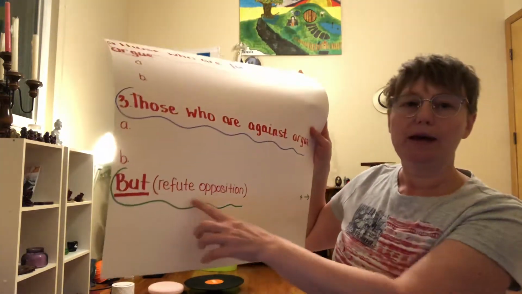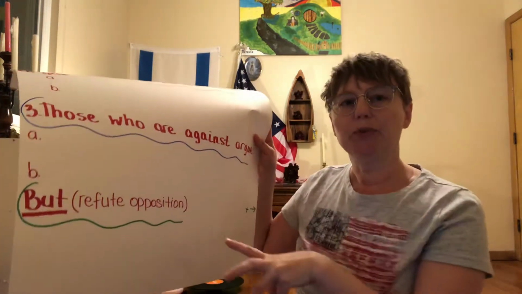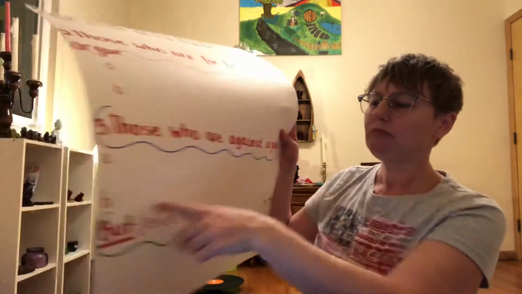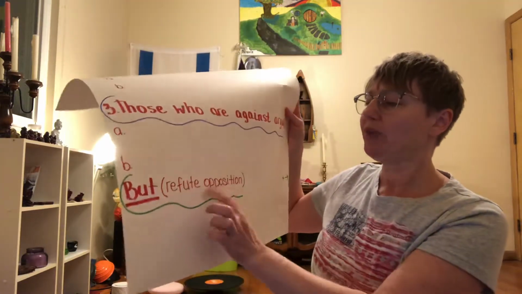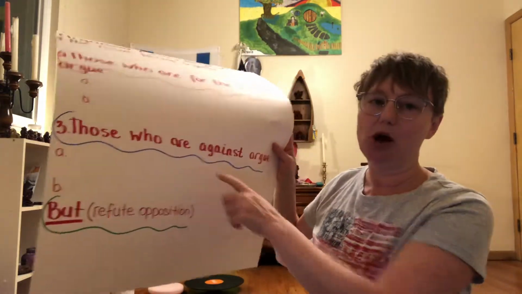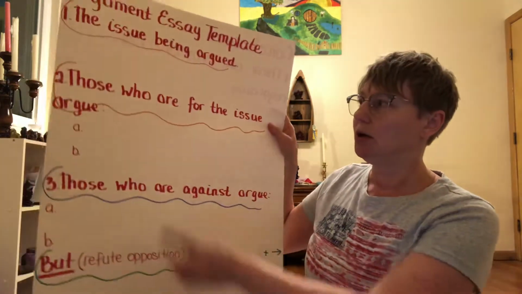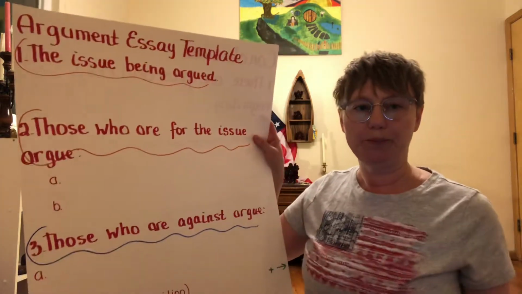Then we will get ready to write our conclusion with the bridge between the argument and the conclusion. You will start with the word but and refute the opposite argument. So you will be supporting, in this case, those who are for the issue.